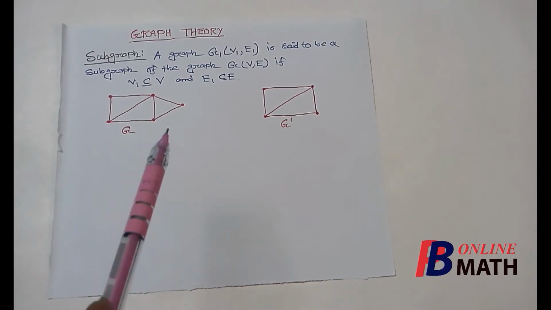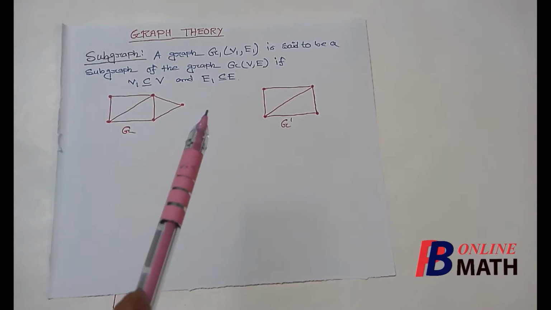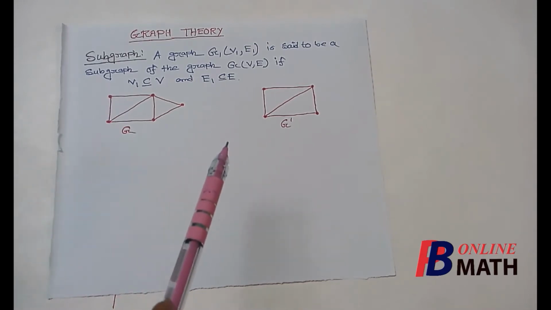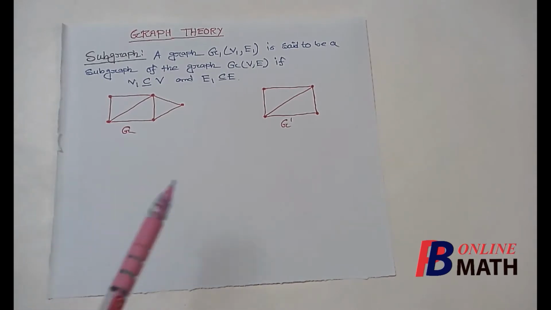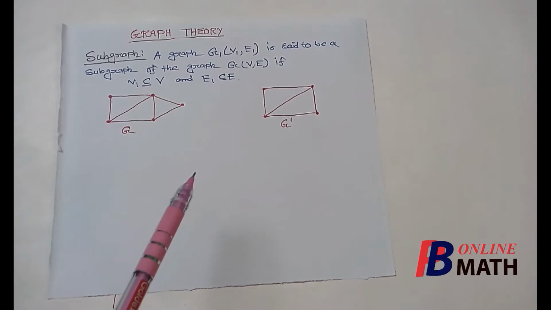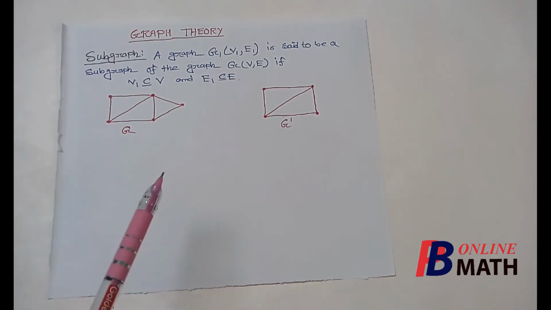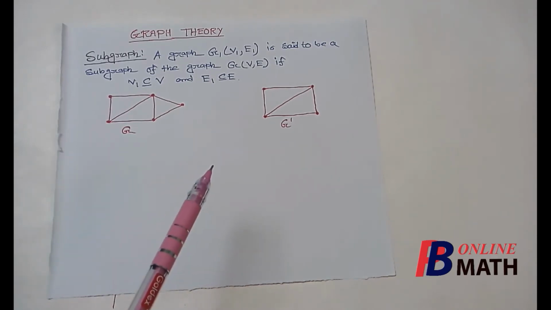Another conclusion is that the null graph or the graph containing only one vertex is a subgraph of any graph. Now a subgraph can be obtained from a graph in different ways. We can delete one vertex from a graph to obtain a subgraph, or one can delete one or more edges from a graph to obtain a subgraph. So there are different ways to obtain a subgraph.